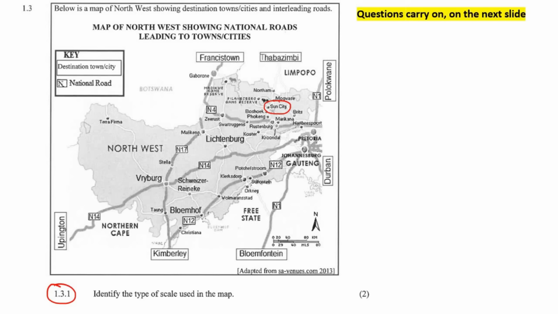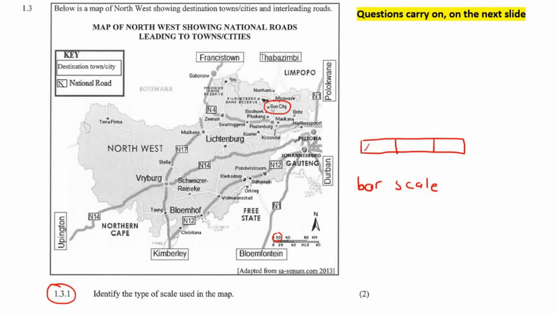So for this first question over here, it says identify the type of scale used in the map. Okay, so the scale is over here. So this type of scale where they show it like that, they usually have something like lines like this, and then they'll say, here they've got, for example, 20 kilometers, 40 kilometers. So whenever they show it like that, it's called a bar scale.